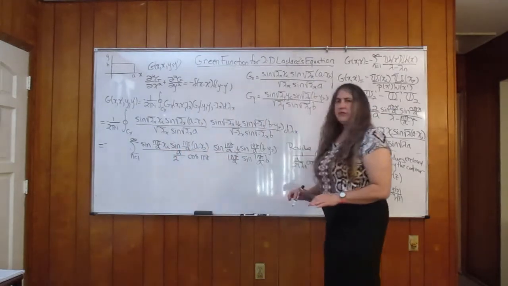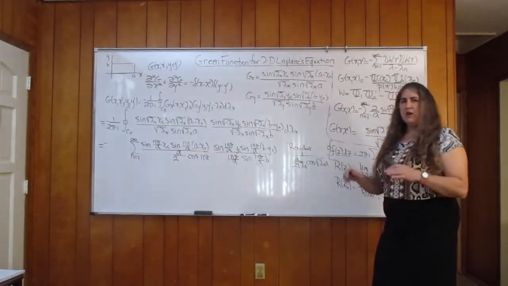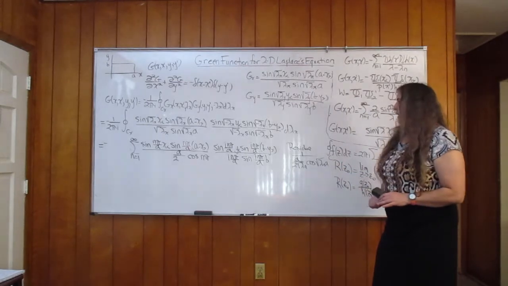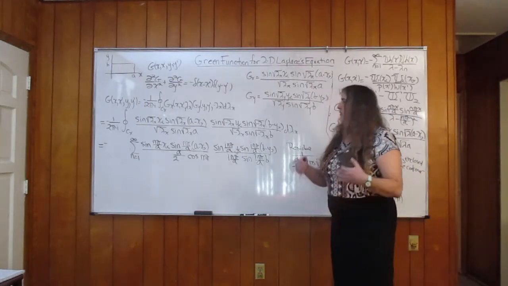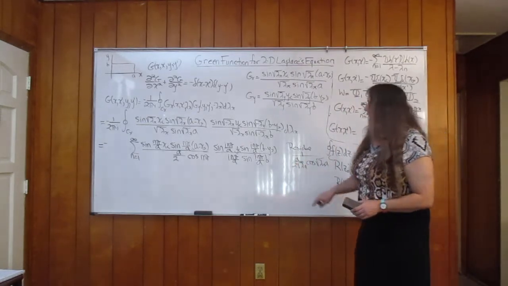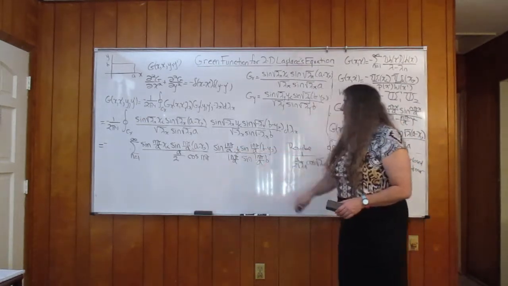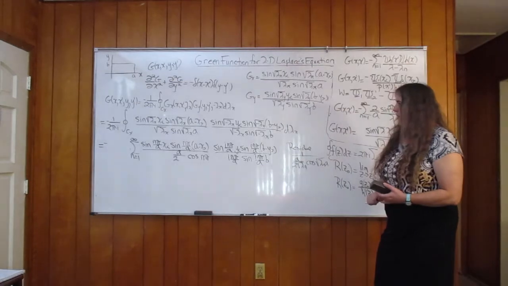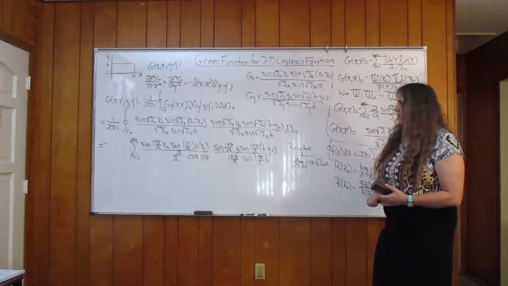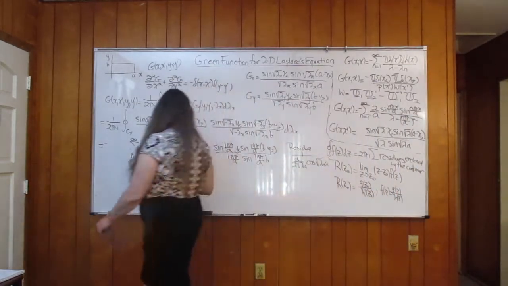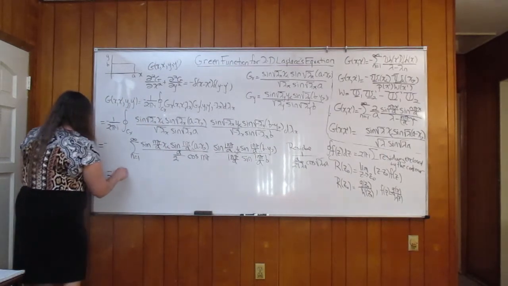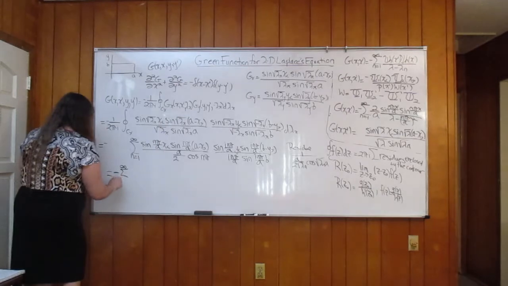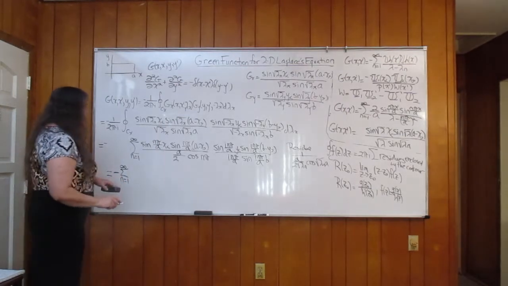So all I did was to cancel out the one square root of lambda n and the other square root of lambda n. And I replaced a square root of lambda n by n pi over a. And of course we have an i there because of this minus sign. Okay? There's still a minus sign out front.